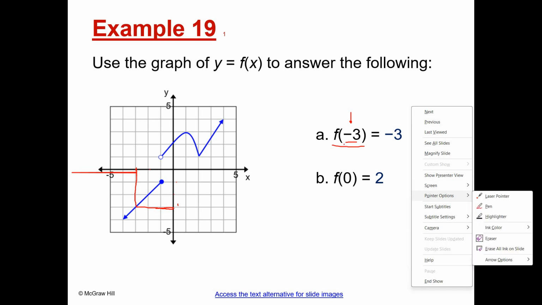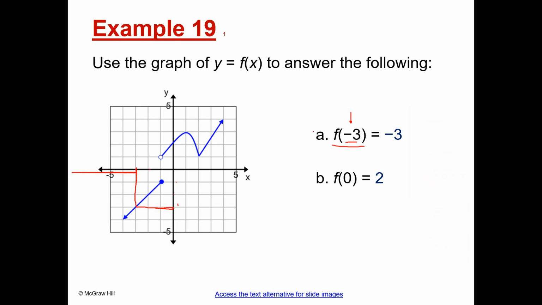Recall that f is y. So whenever you're evaluating the value of f, this means you're evaluating the value of y. So for x equal to minus 3, y is equal to minus 3.